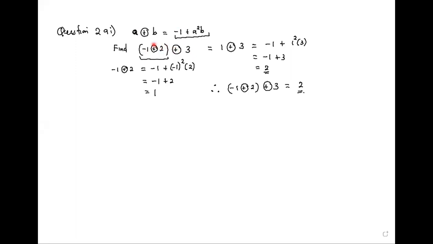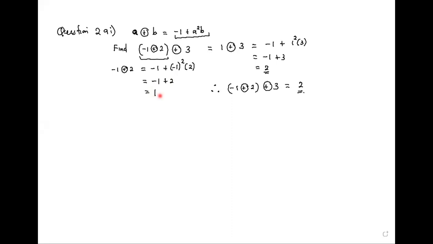So the first one, you first get these brackets here, where A is -1 and B is 2. Substitute on the right, where there is A, you place -1, it will be squared. Where there is B, you place 2. So you have -1 plus -1 squared is 1 by 2. So you have -1 plus 2 is 1.